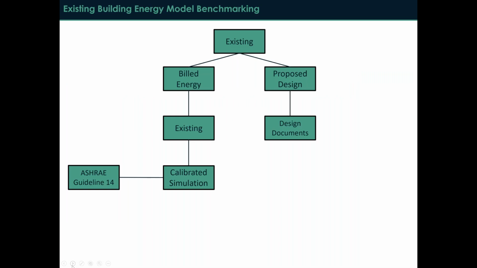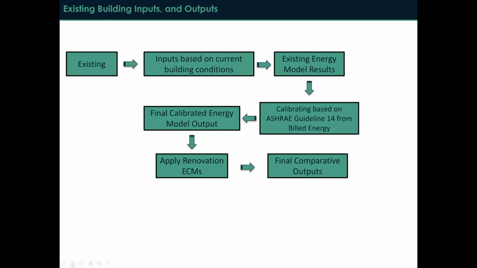Existing building, I just talked about it, I'll go briefly. Build energy proposed design, then existing calibrated simulation based on ASHRAE Guideline 14, which has a direct standard and guideline on how to calibrate our simulation. The general process is that we get our inputs based on existing building conditions, then we get our existing energy model results.